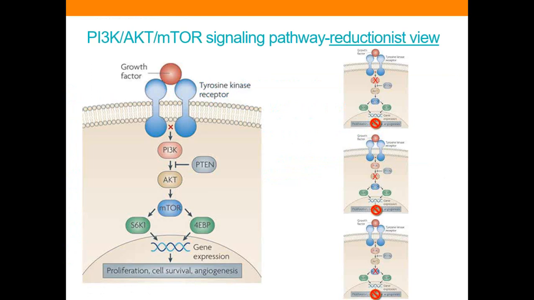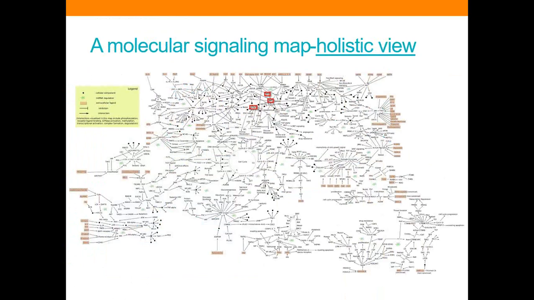Once you go beyond this very limited view of what's happening in the cell, which is represented on the next slide, you can see that there's a lot going on that we have been ignoring. I've put in three rectangles in red, and those are basically, the top one is PI3 kinase, the one just below it is AKT, and the one just off on the left is mTOR.